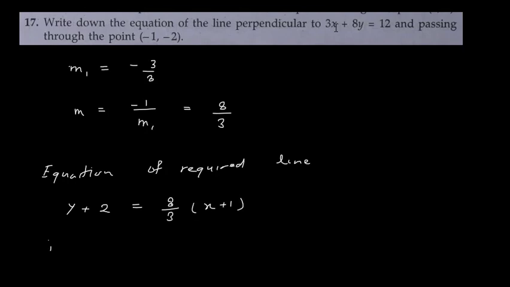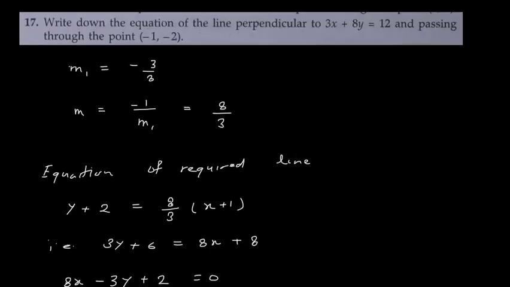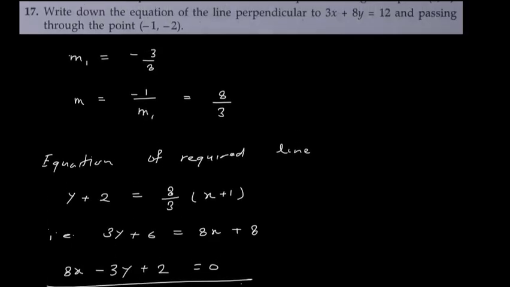So that is 3y plus 6 is equals to 8x plus 8. So this gives you 8x minus 3y, that is 8x minus 3y plus 2 equal to 0. Okay, so I have solved this problem in a shortcut way, but when you are solving, try to solve by complete solution, right, by showing all the steps.